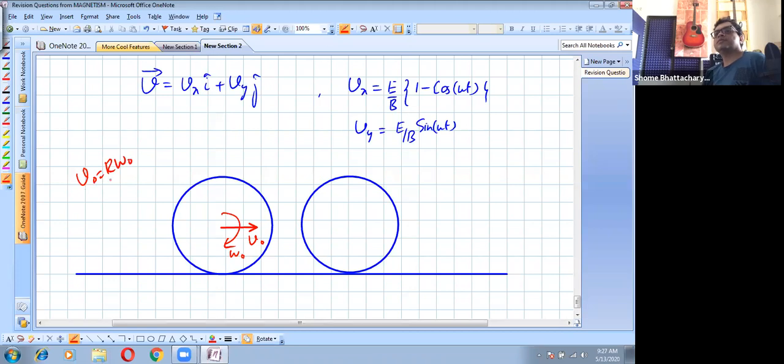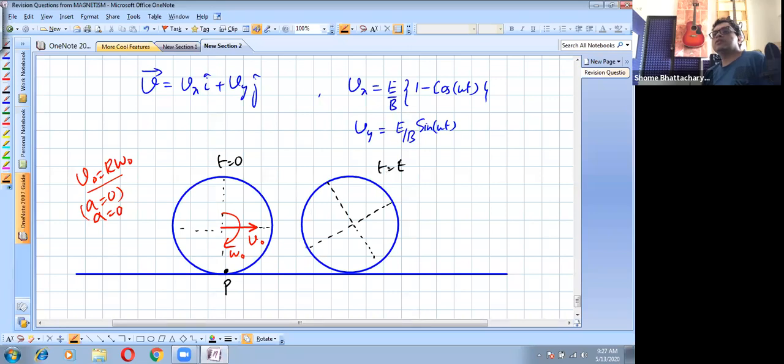Okay. And acceleration is 0. Alpha is 0. Okay. Now consider the trajectory of this point over here. This particle. So suppose it was here at t equal to 0. Then after some time, suppose that particle has now come here, some time t.